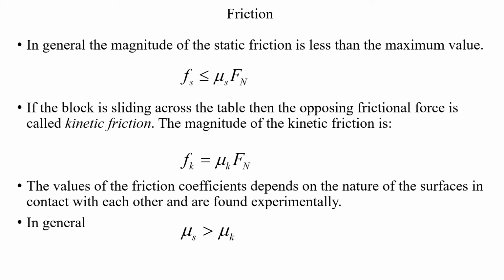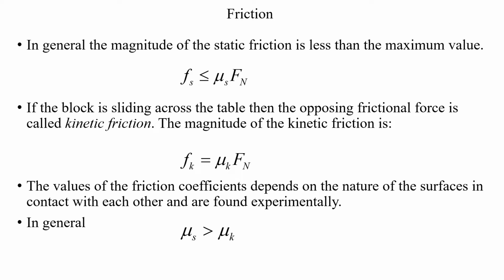If a block is sliding across the table, the opposing frictional force is called kinetic friction. The magnitude of the kinetic friction is approximately constant, so we write it as F sub k equals mu sub k times the normal force, where mu sub k is the coefficient of kinetic friction.